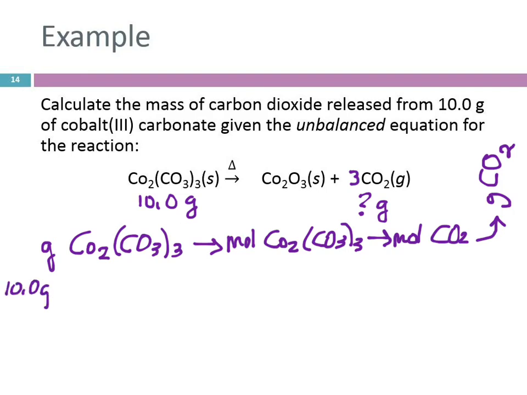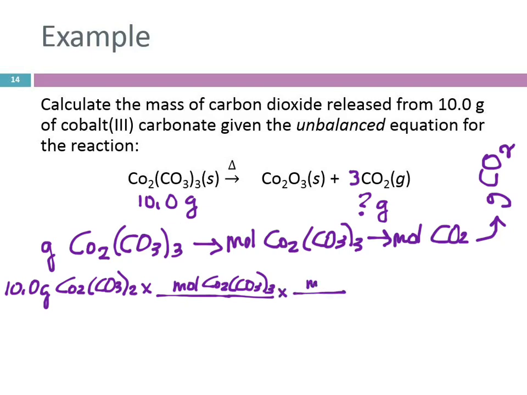Now we're just going to follow what we learned to do with dimensional analysis. So we've got 10 grams of that. We're going to convert to moles of the cobalt carbonate. And then to moles of CO2. I'm really trying to fit this on the one line. And then to grams of CO2. These are the units that go in the numerator.